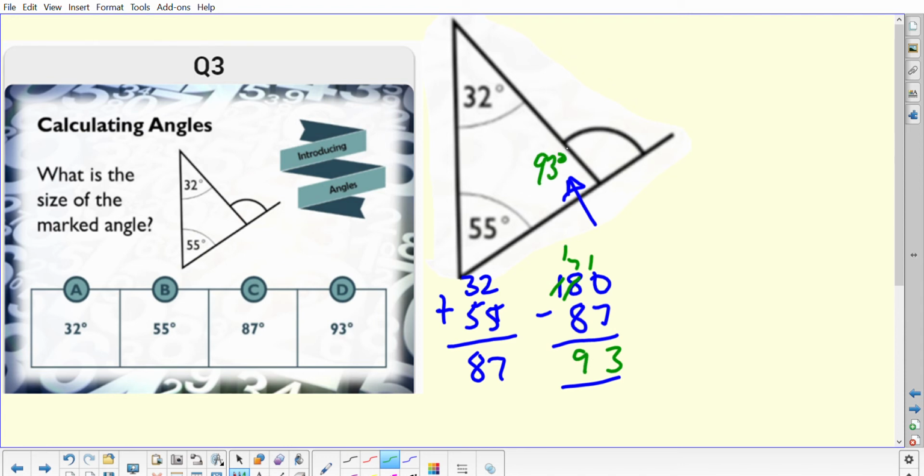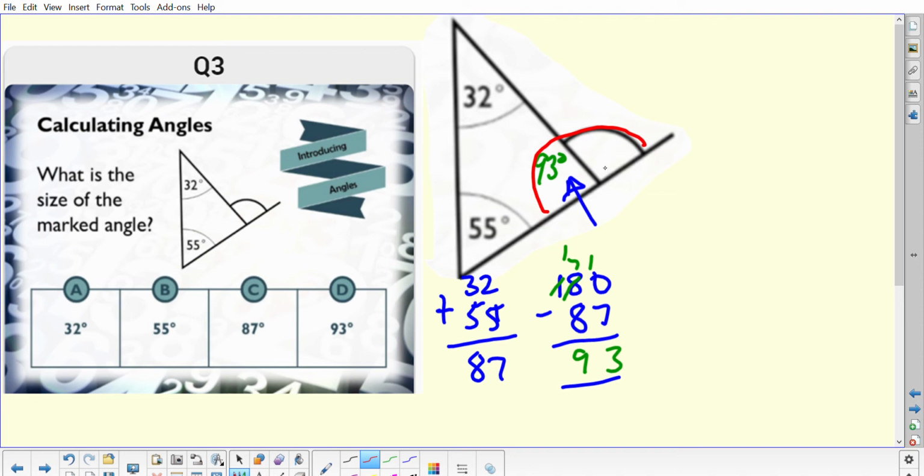And this is where the advantage of actually drawing the diagram rather than just doing calculations can help, because I think quite a number of you chose answer D there because you just assumed it was the one in the triangle. However, it is the one outside the triangle that we're looking for, so we then need to use our straight angle fact.